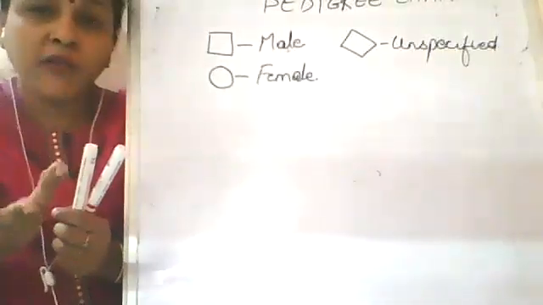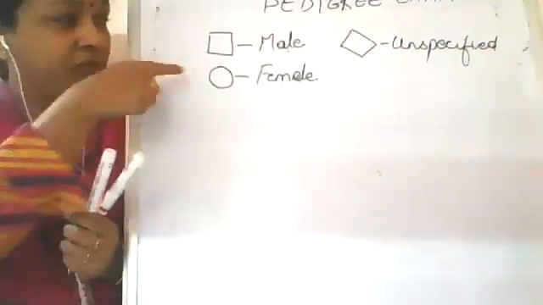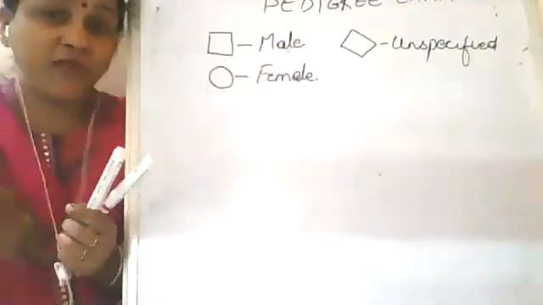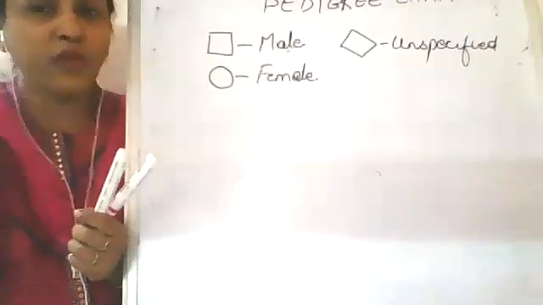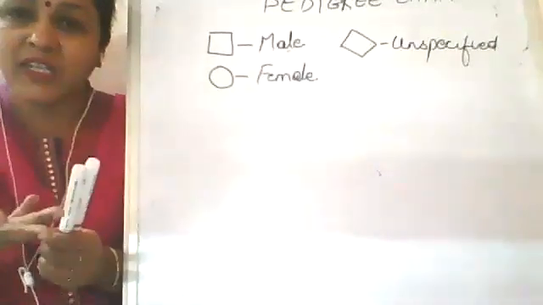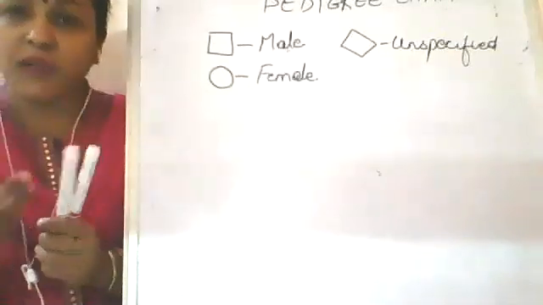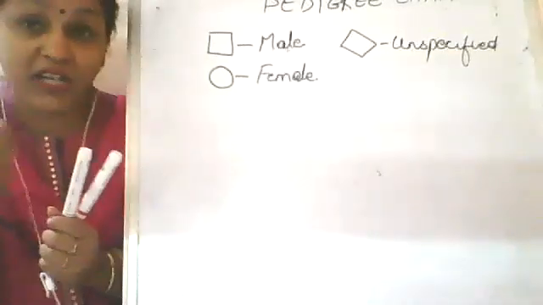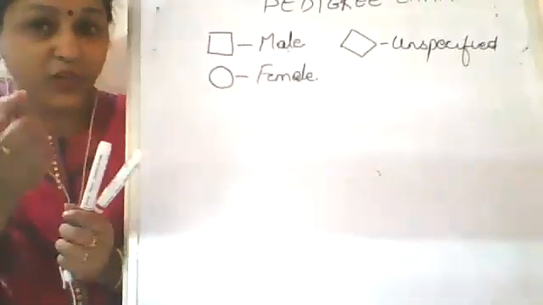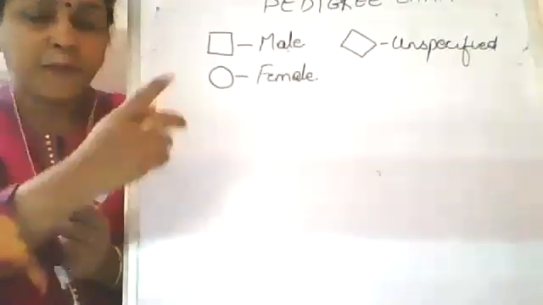So how will you write, whether you'll mention them with a square or a circle? If you don't remember, if the gender of the child is unspecified, then you can use this symbol, because we are talking about humans here. We can't remember everything. We have to gather information. So while gathering, if the gender is unspecified, but you know that 4 children were there, then you can use such a symbol.